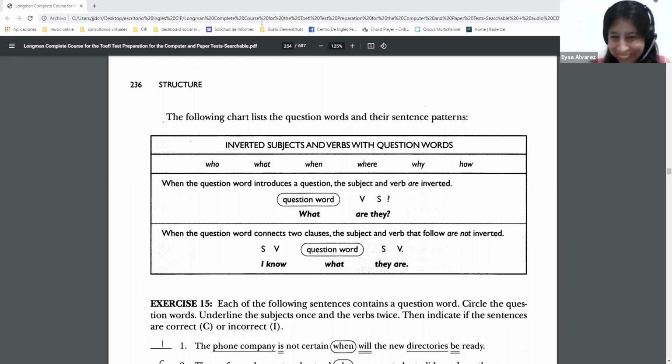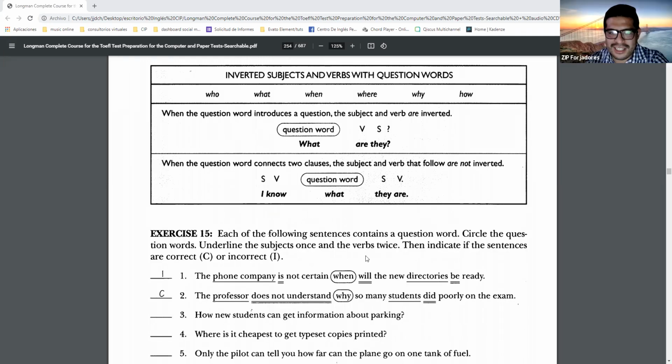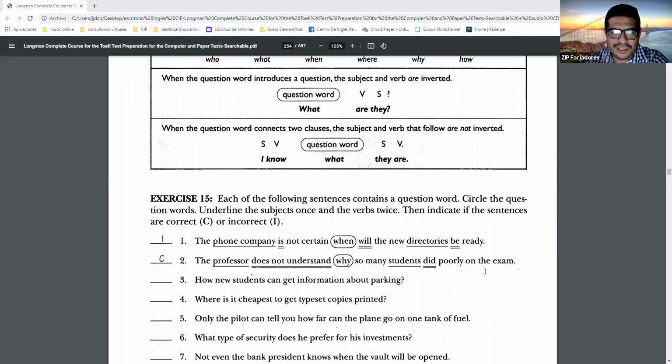Exercise 15. Each of the following sentences contains a question word. Circle the question words. Underline the subject once and the verb twice. Then indicate whether the sentences are correct or incorrect. I am going to start with number 1. The phone company is not certain when will the new directories be ready.